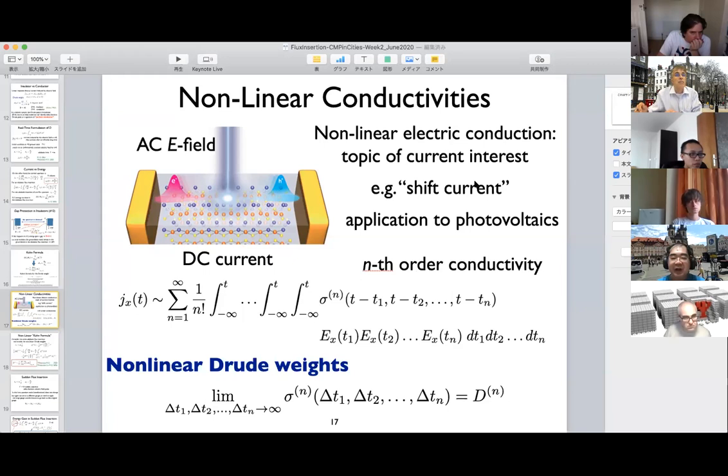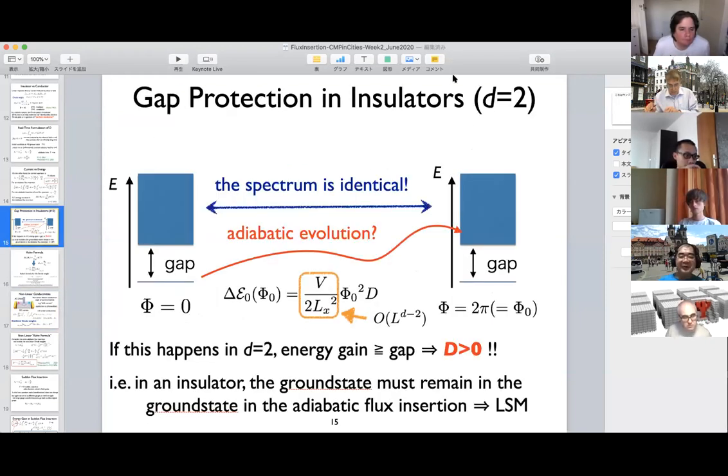Okay, sorry, I was missing another question. The question from Pavel: can you give an example of a gapped system where the gap closes and reopens under adiabatic flux insertion? Good question. Sorry, I was thinking of mentioning this, but then forgot. As I said, in principle the gap can close and then the ground state may end up in an excited state.